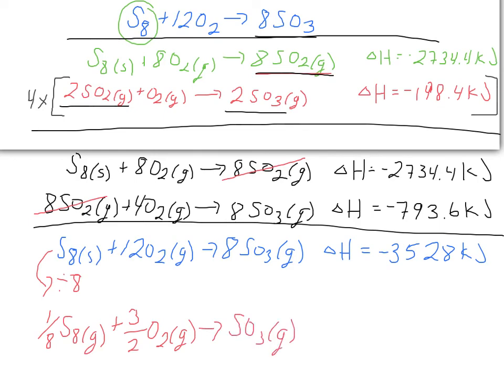And we need to do the exact same thing with our delta H value, which will give us a final delta H of negative 441 kilojoules. And that's what will be released for the creation of 1 SO3.